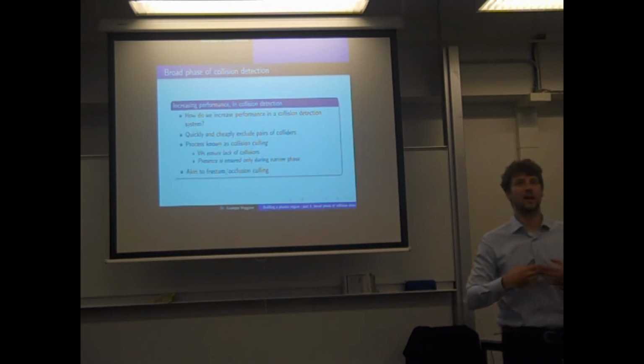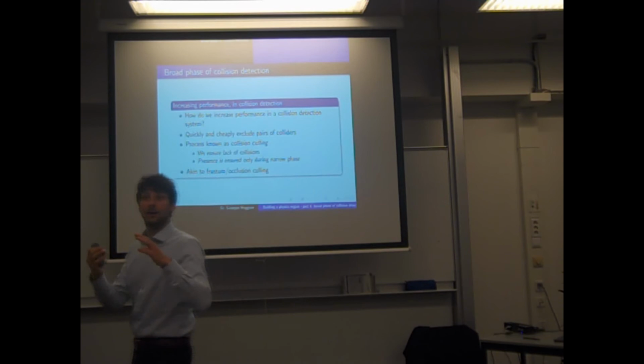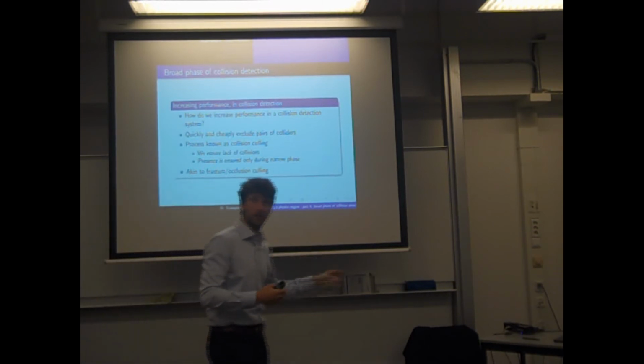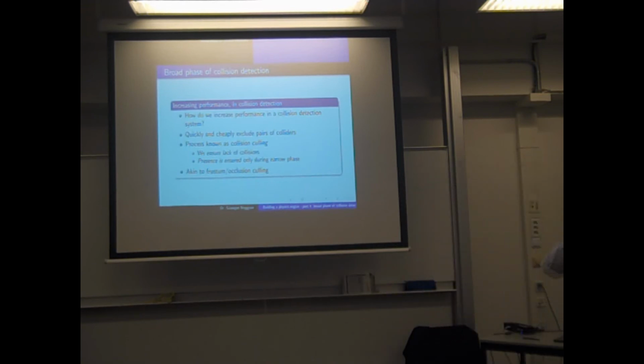It doesn't give us any positive information. It gives us very early negative information, like these two objects are so far away that they will not collide, so don't go any further. The presence of collision, the precise positive information, will only come during the narrow phase. So is it clear what we're doing? We're removing big pieces of uninteresting possible computations.